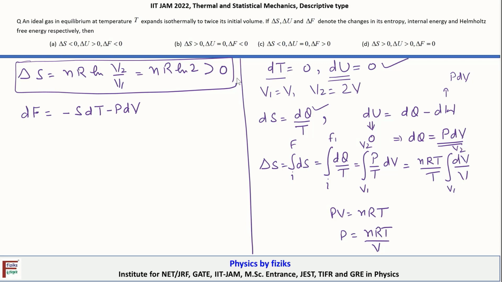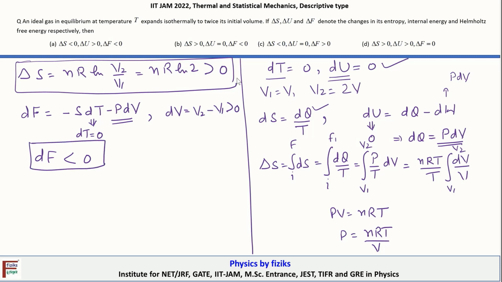Because it's an isothermal process, dT will be equal to 0, so this term will become 0. Now dF is equal to minus p dV, and because it's an expansion, dV, that is V2 minus V1, is greater than 0. So therefore dF, equal to minus p dV, is definitely less than 0.